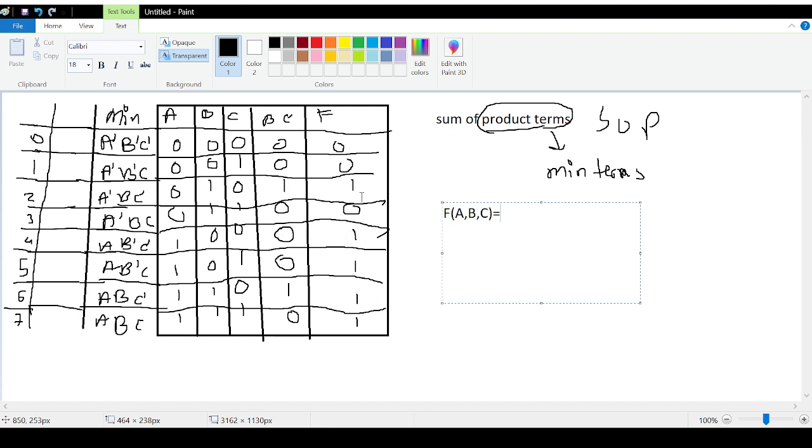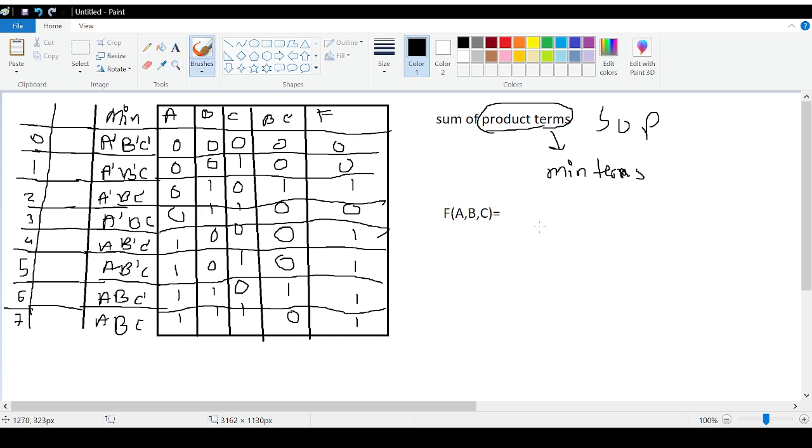So for which min terms is the output 1? Can you tell me the numbers? It's number 2, A bar, B, C. So 2, 4, 5, 6, 7.